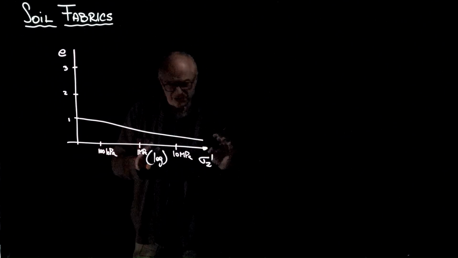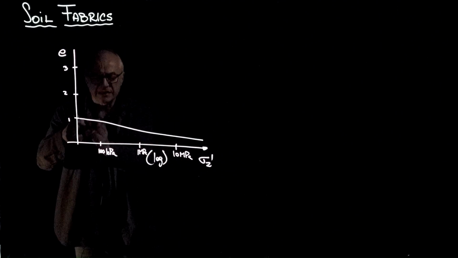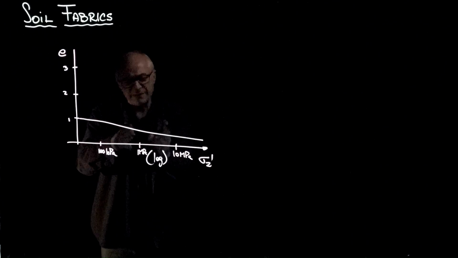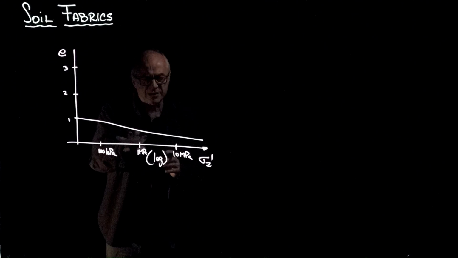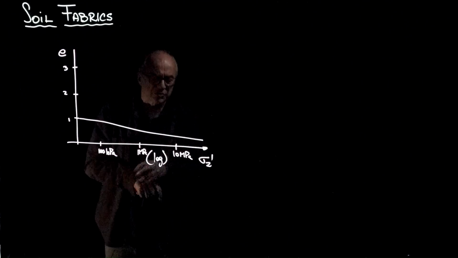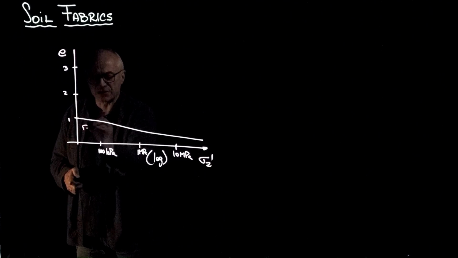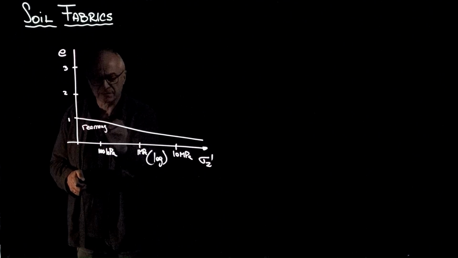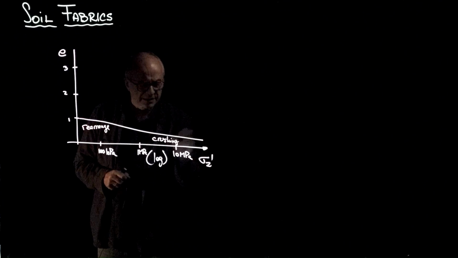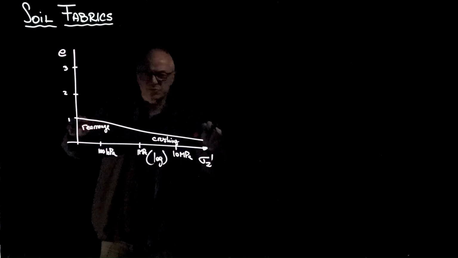Depending on the mineralogy of the soil, different processes take place. Here there is at the beginning contact slippage, and then as the stress begins to approach 1 megapascal, carbonate grains will begin crushing. Silicate grains, quartzitic sands, are going to crush closer to the 10 megapascal. But we can say that in this range there is rearrangement, while in this case we go into crushing and densification. But the range is not so pronounced.